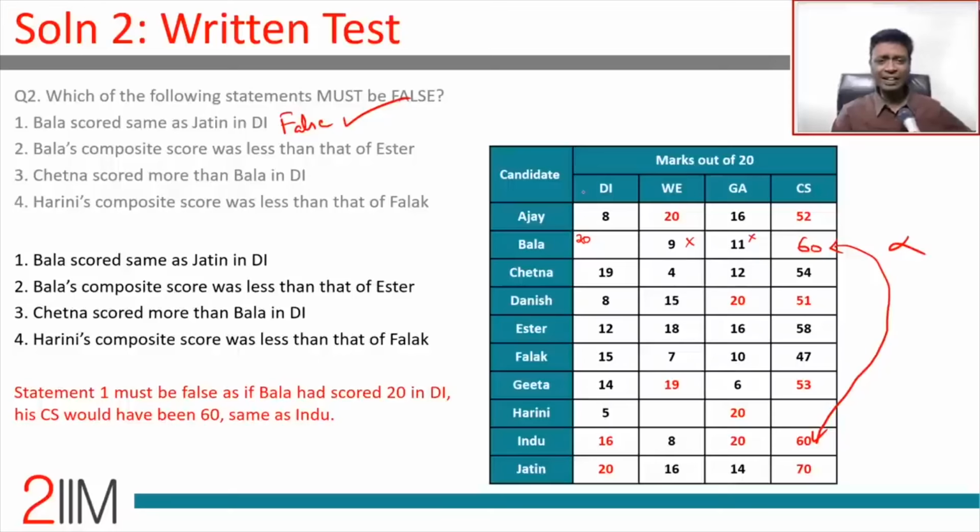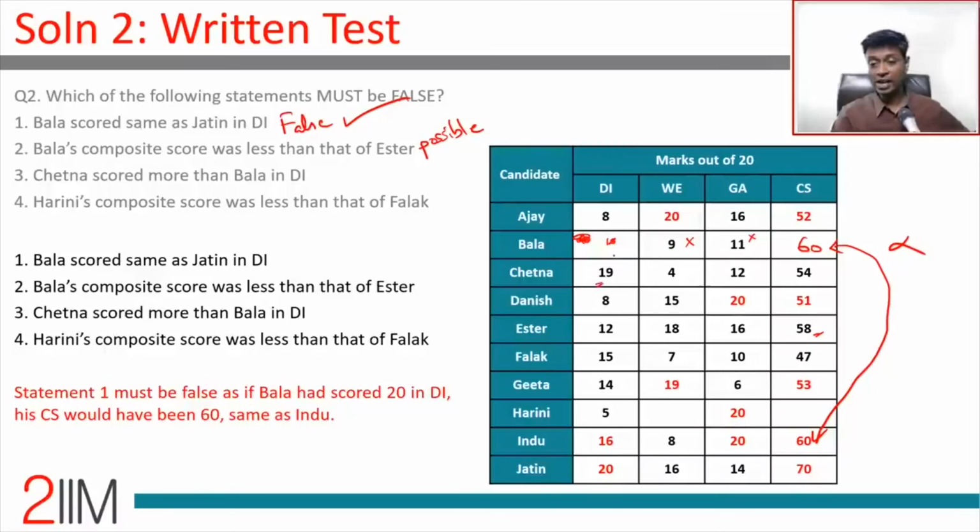Let's eliminate the others as well. Bala's composite score was less than that of Esther. Esther's is 58. Could Bala's be less than 58? Yeah, it could be. Bala could have scored only 10 here. 10 into 2, 20, 20 plus 20, 40. Possible. Or 11 or 12. So we cannot say must be false. Chetna scored more than Bala and DI. Chetna scored 19.